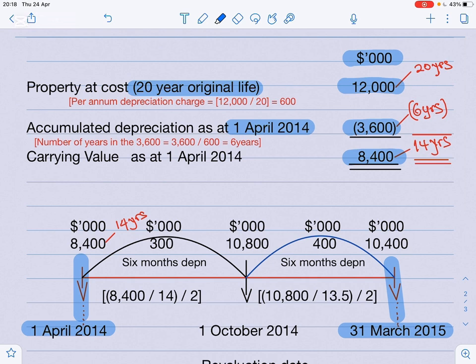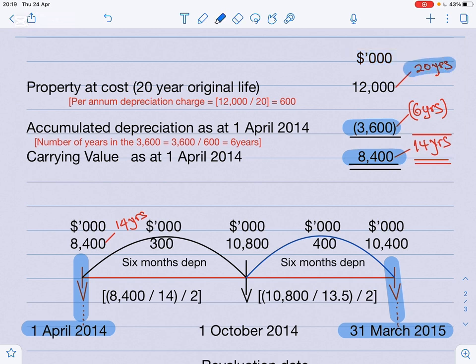The $8.4 million will be as at day one of the current year, which we have to be 1st April 2014. Okay, now the other bit I need to explain to you is this: when we bought the asset, the value was $12 million, and the estimated useful life was 20 years.